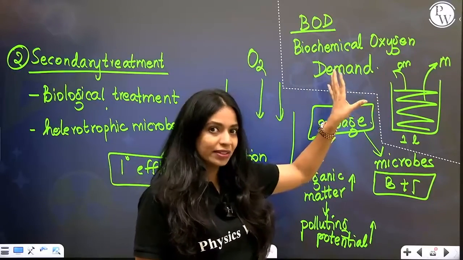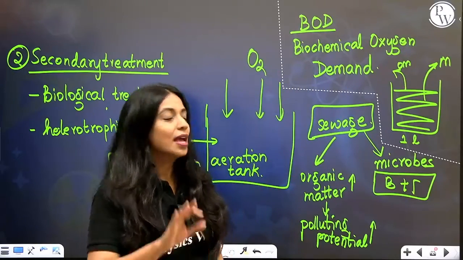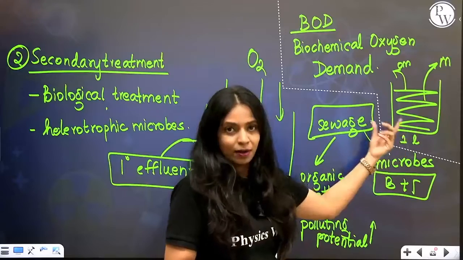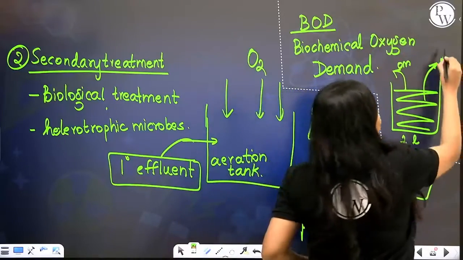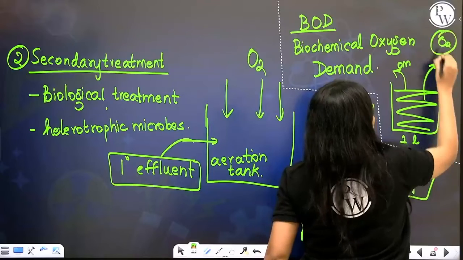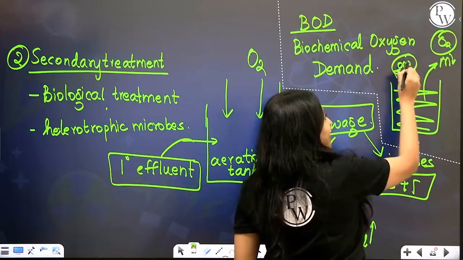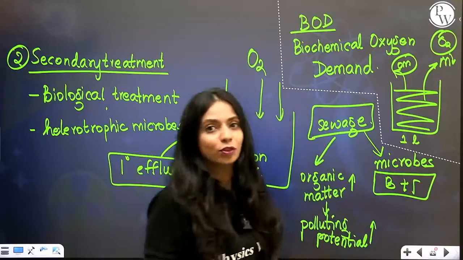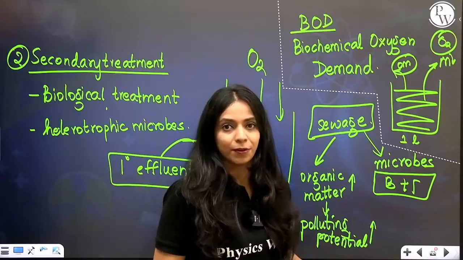How do we measure that? That is in terms of biochemical oxygen demand. Now, in 1 liter of water sample, the amount of oxygen required by microbes to break down the organic matter present in this 1 liter of water sample is what we call biochemical oxygen demand.